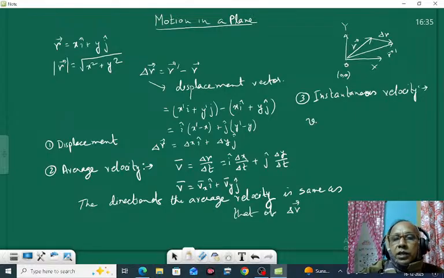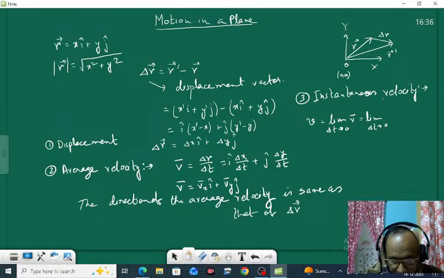The instantaneous velocity can be written as limit del t tends to 0 of average velocity, or limit del t tends to 0 del r by del t, or you can write it as dr by dt.